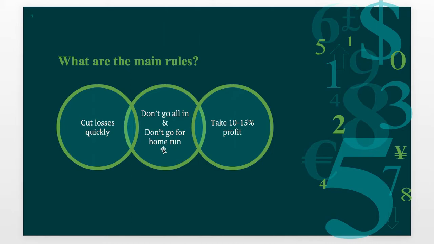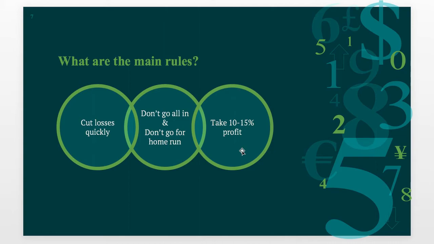And always try to take 10 to 15% profit. You should not wait and say, okay, I want to take 30%, 50% profit and grow my account very quickly, rapidly. It's not going to happen. Always take 10, 15%, 20% profit, because usually stocks after a 10 to 20% run go for a correction.